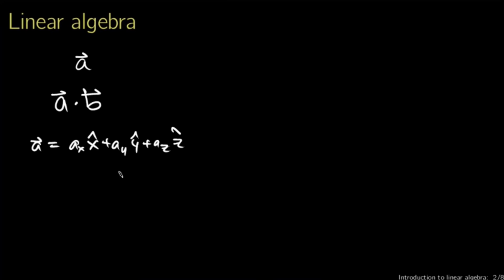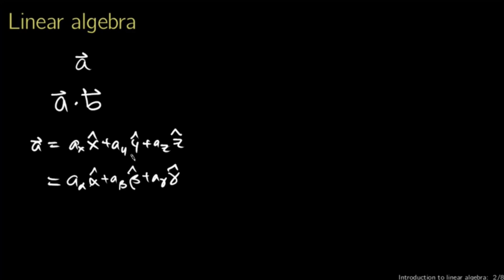We can also express some vector A in a different coordinate system. I'll call it a sub alpha alpha hat plus a beta beta hat plus a gamma gamma hat, where now the hatted vectors here are unit vectors, and the numbers a_x, a_y, a_z, a_alpha, a_beta, and a_gamma are simply components. They're simply numbers.